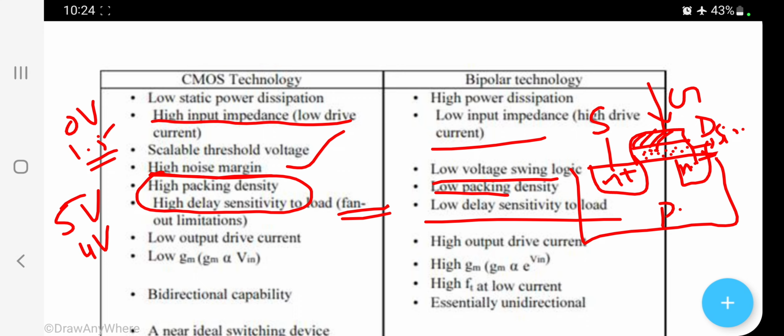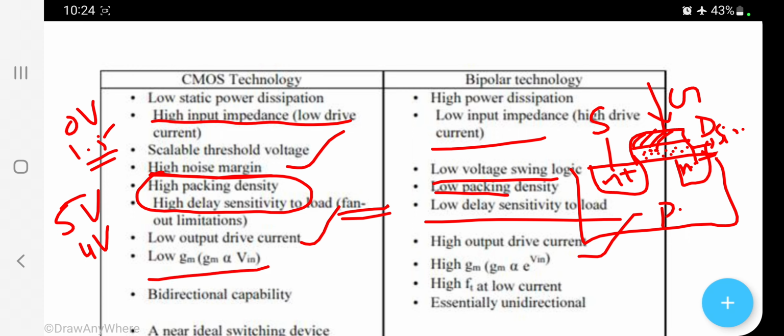Bipolar has a bigger size transistor, so it gives more current. Now you have low output drive current, as I told you, and that's why fan out limitations are there. High output drive current is why bipolar can drive larger loads.